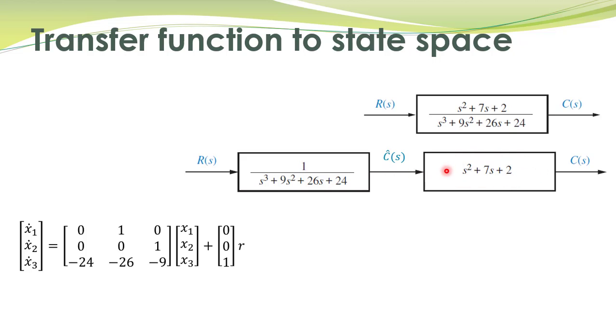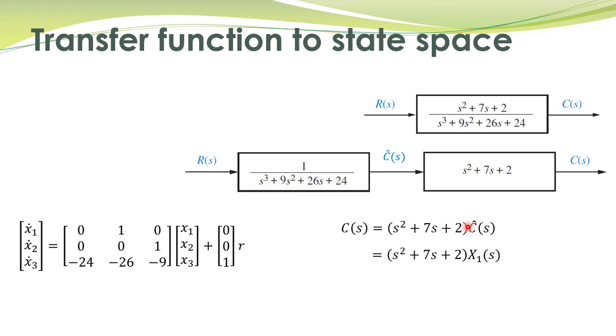What about the second part? How to handle it? So this equation is written over here. This signal C hat was intermediately defined. So the actual output C is equal to C hat multiplied by this expression over here. And what is C hat basically?